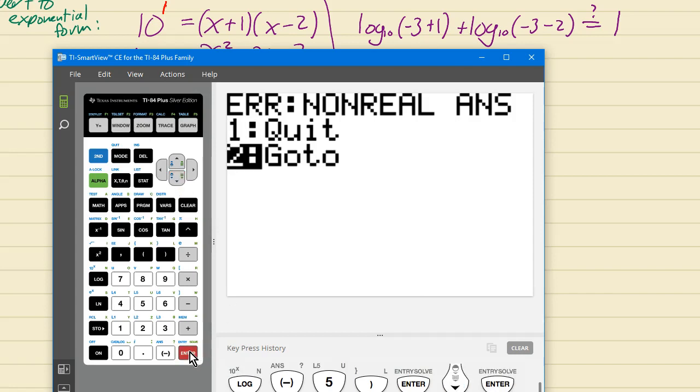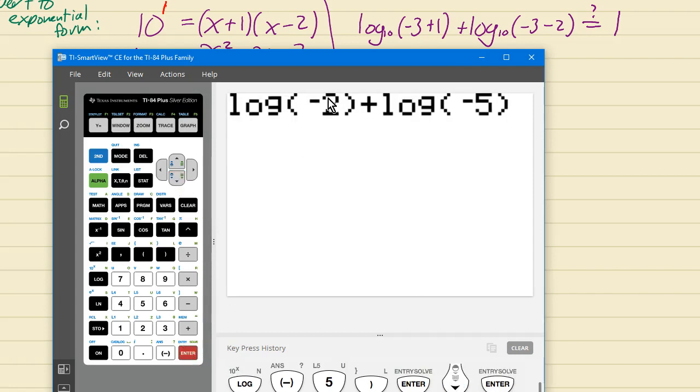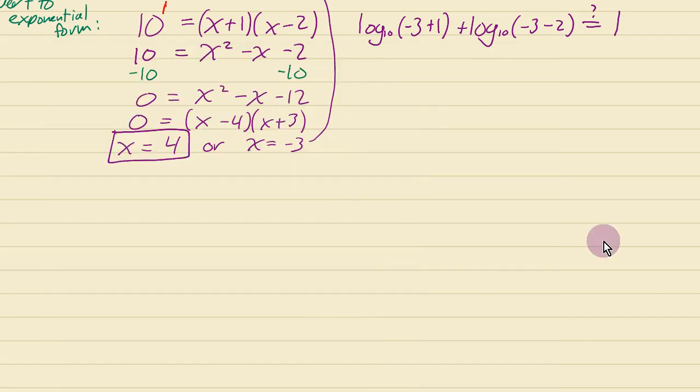And the problem here is you're not allowed to plug in negative numbers into logarithms. Why? Let's think about log base 10 of negative 2. What would it mean if that was equal to y? It would mean that 10 to the power y equals negative 2.